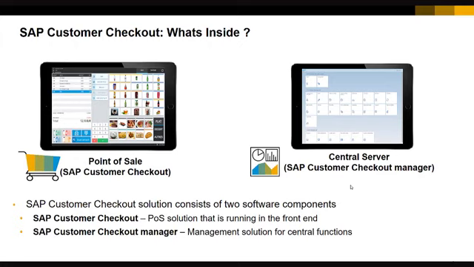The second software component is called SAP Customer Checkout Manager. It is an optional but very powerful software component. In case you need central functions, for example, if you want to park your transaction from one point of sale terminal and fetch this transaction in a second point of sale terminal, then you will need the SAP Customer Checkout Manager.